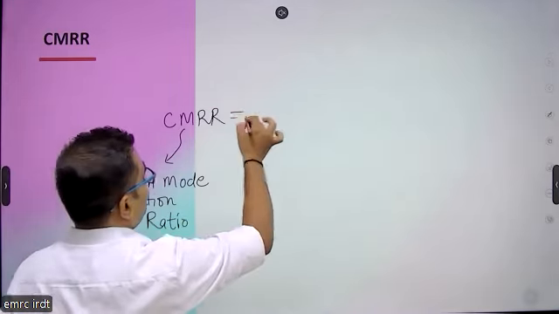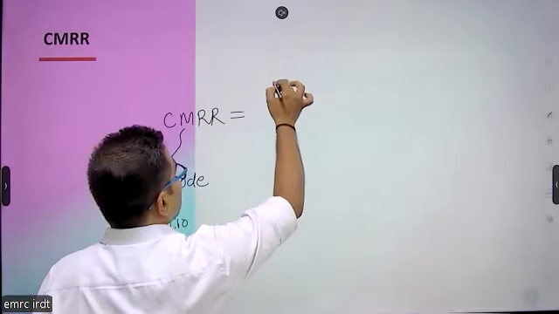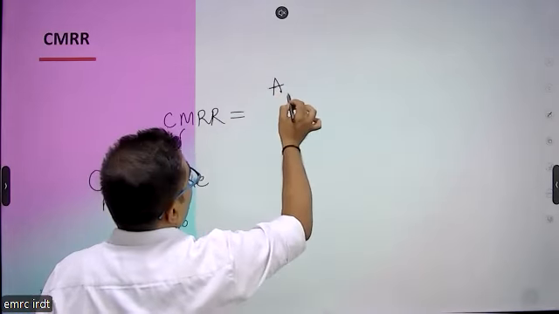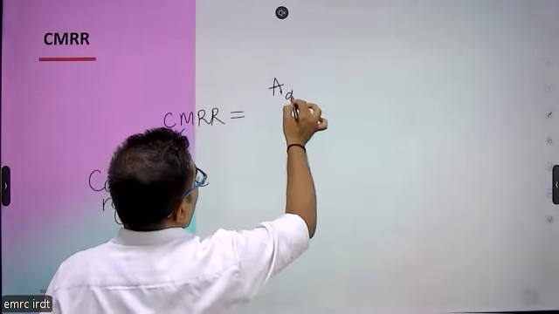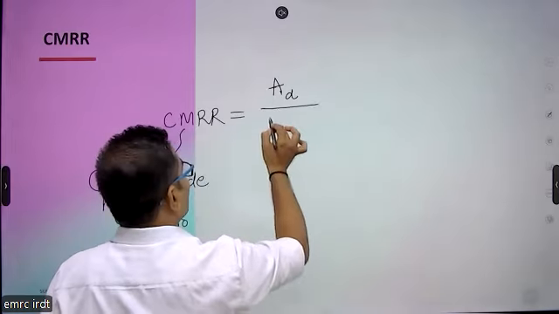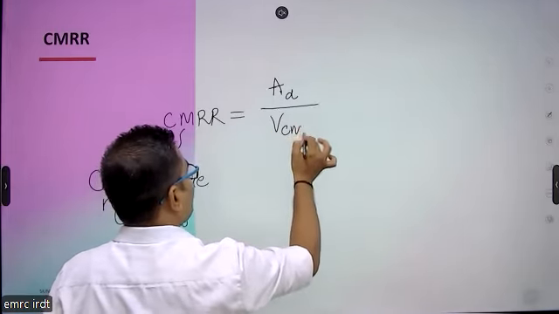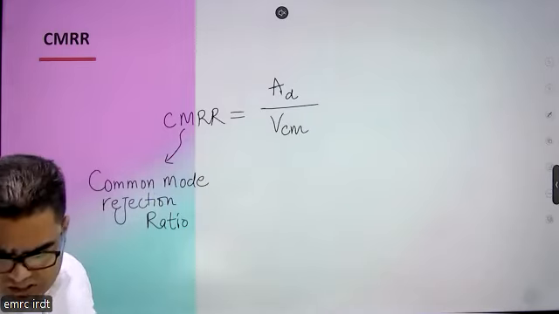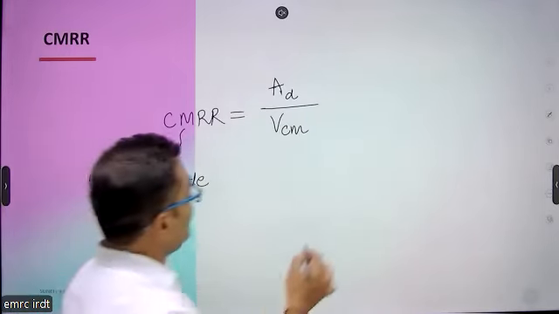It is the ratio of differential gain versus common mode gain.